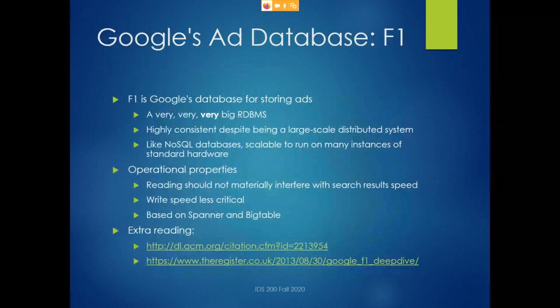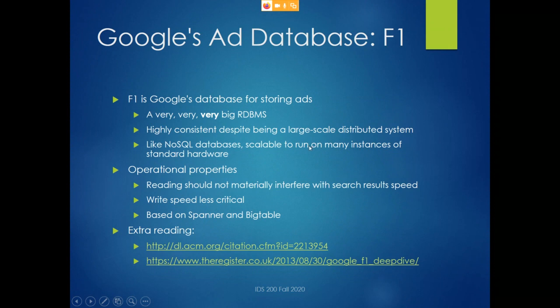Okay. Now F1 is Google's database storing ads. It is a very big relational database system. It's also highly consistent despite being a large-scale distributed system. That means, unlike Facebook, where things are typically processed as being eventually consistent, Google says, no, we need to have strong consistency guarantees.